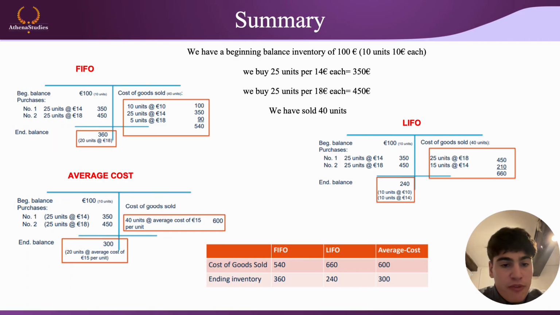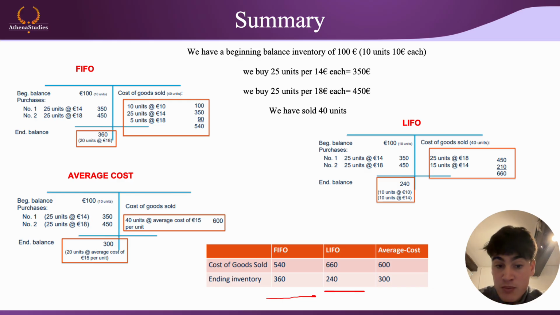So a quick summary of all of this. We began with a balance inventory of 100, and then we bought different units at different prices, and we have to sell 40 units. The difference can be reflected here. The cost of goods for FIFO was 540, and the ending inventory was 360.